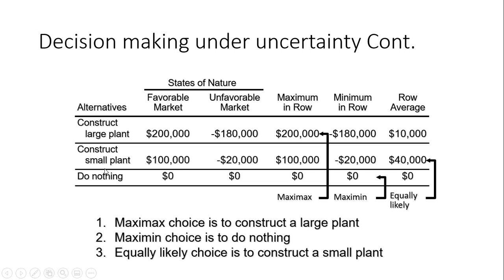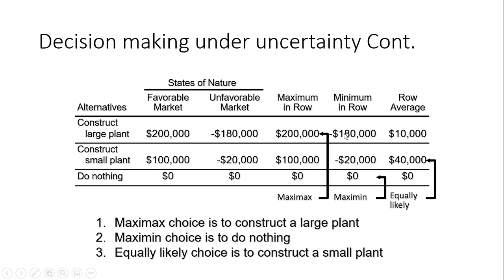But for the do nothing alternative, it's only 0, so you write 0 here. Therefore, the minimum values for the alternatives are negative 180,000, negative 20,000, and 0.